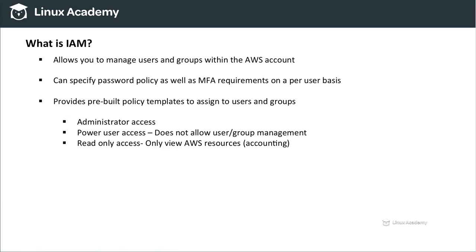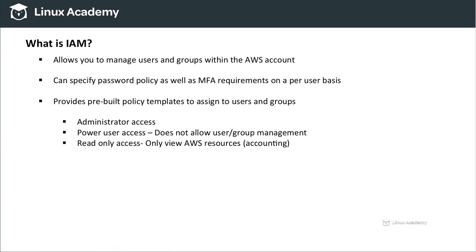So again, we can manage users and groups, API access, password policy, multi-factor authentication on a per user basis. It provides pre-built policy templates to assign to our users and groups. So for example, we can give a user or a group administrative access, which means they have all access, unlimited access to all AWS resources, including user and group management.